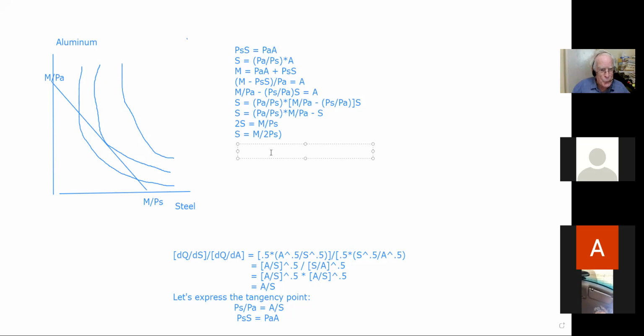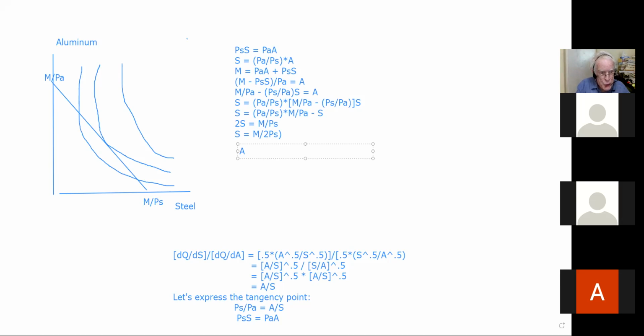And then by symmetry, the same idea for aluminum, except that it depends on its own input price rather than the price of steel. So notice that spending on steel is equal to one half of our total spending M. And the same thing for aluminum as well.